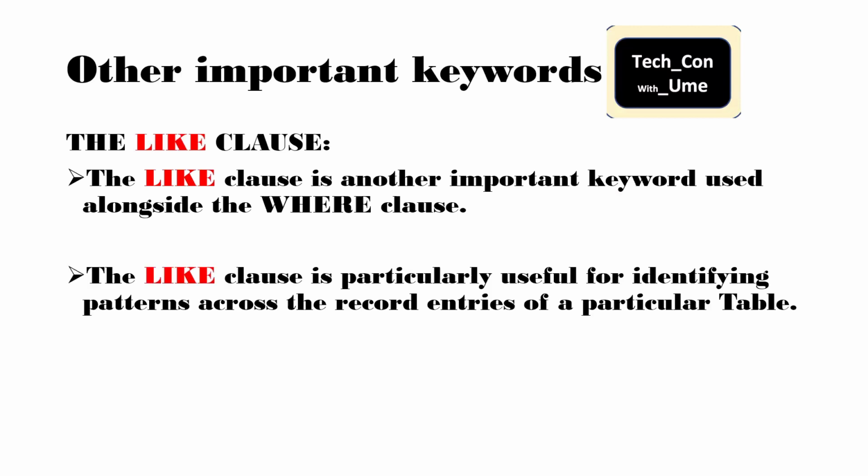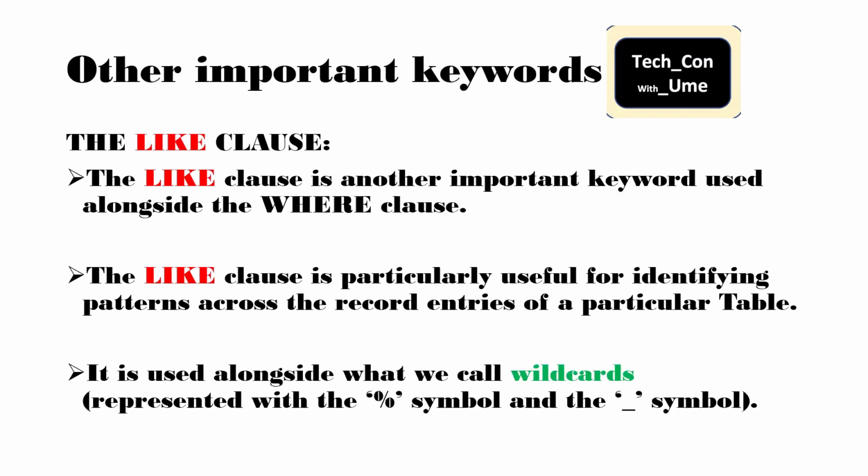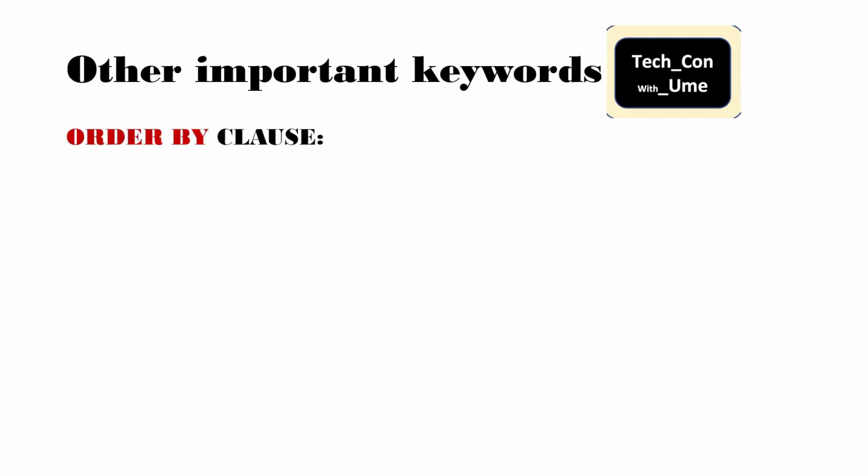And the like clause is particularly useful for identifying patterns across the record entries of a particular table. Now, it is used alongside what we call wildcards, represented with the percent symbol and the underscore symbol. So when we get into demonstration, you will see what that is like with our like clause.